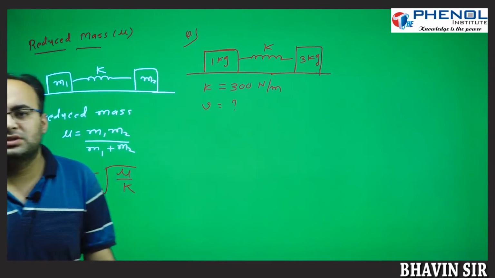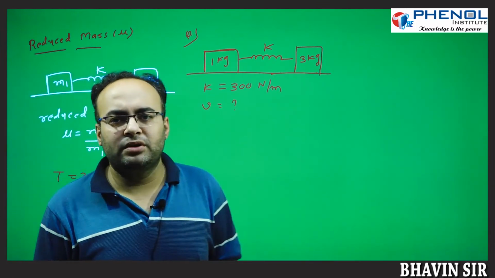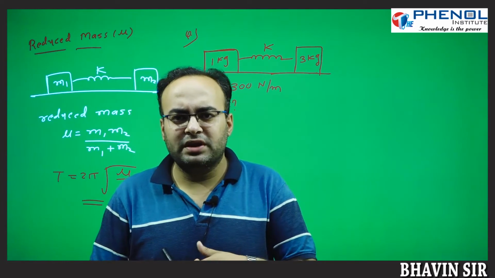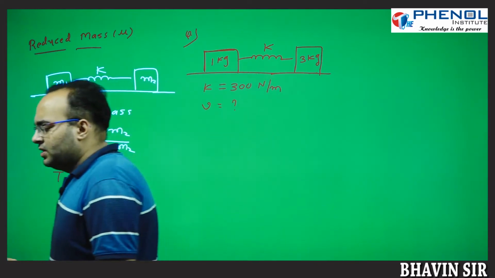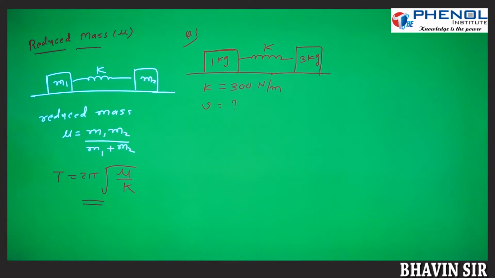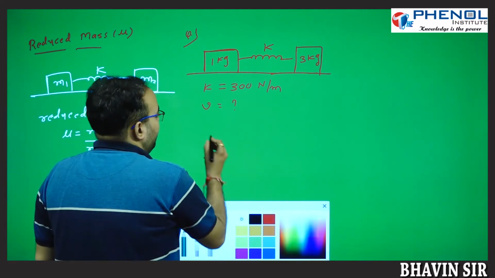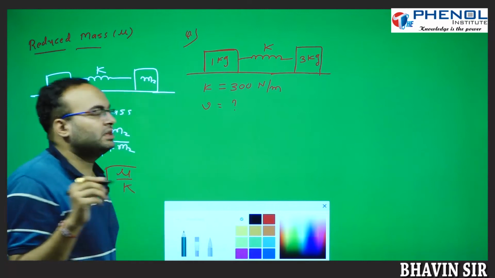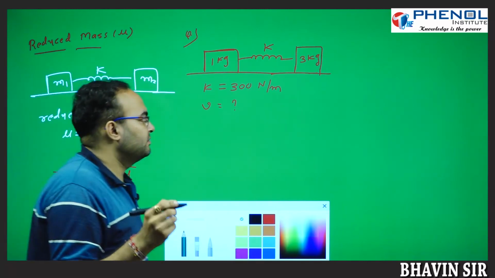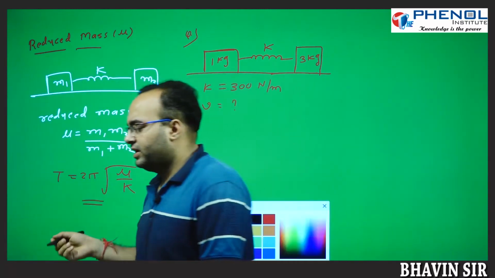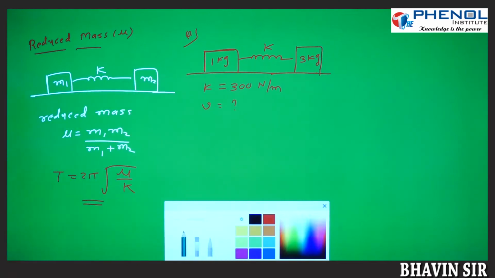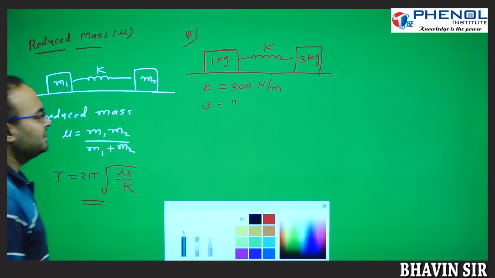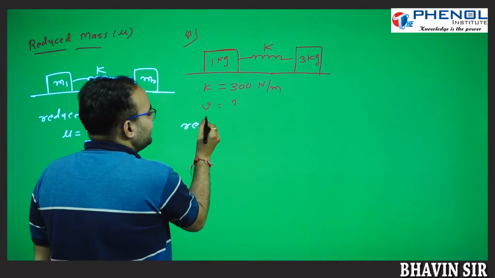So again, see students, here between two blocks one spring is connected, so we consider its reduced mass. Why do we consider reduced mass?